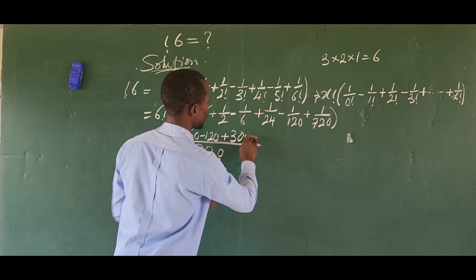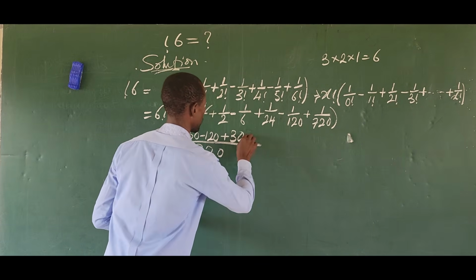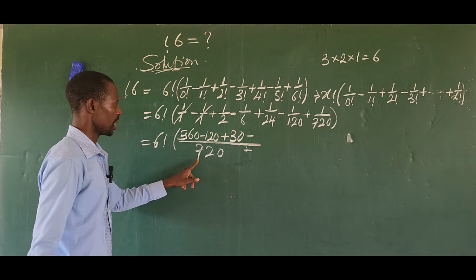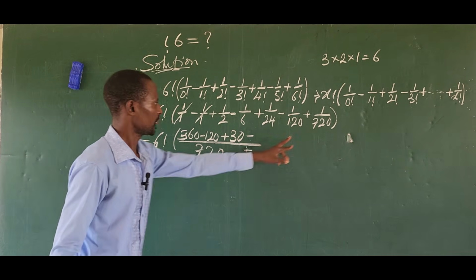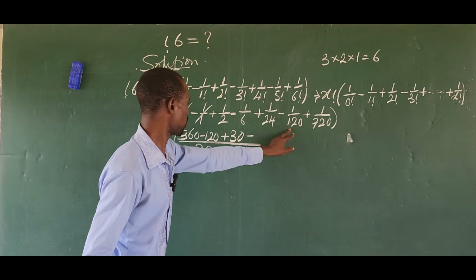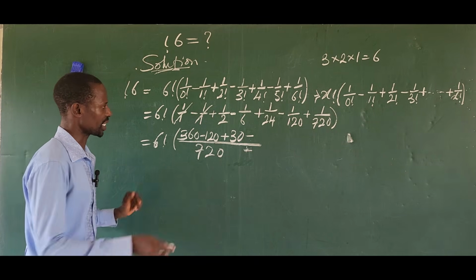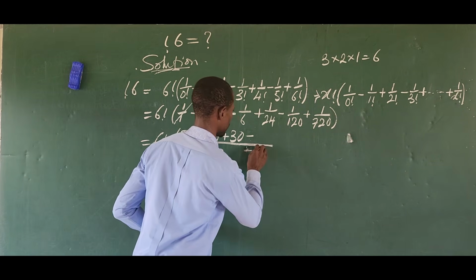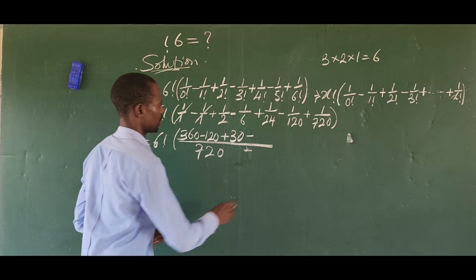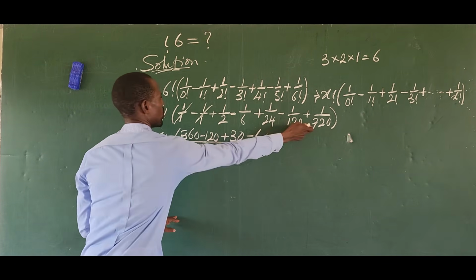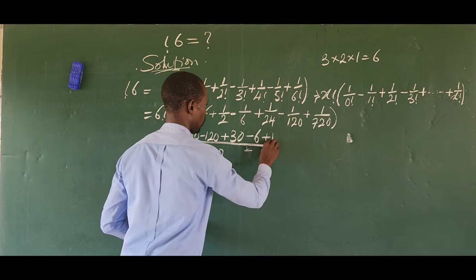Then this other side here, we have our minus here. Then how many times will 120 go into our 720? 0 will cancel out 0. So 12 into 72, that will give us 6 times. And so that will give us a 6, right? So we have 6 here. Then plus 720 into 720 will give us 1.